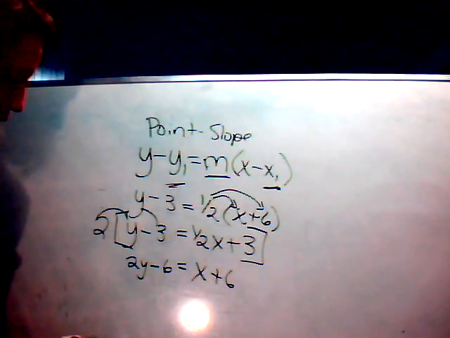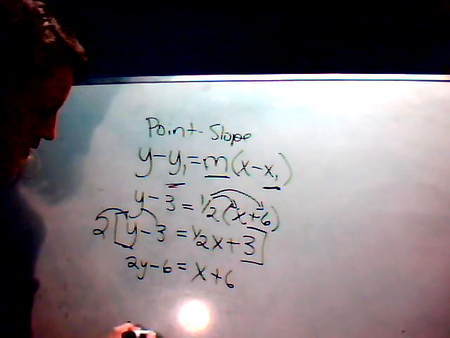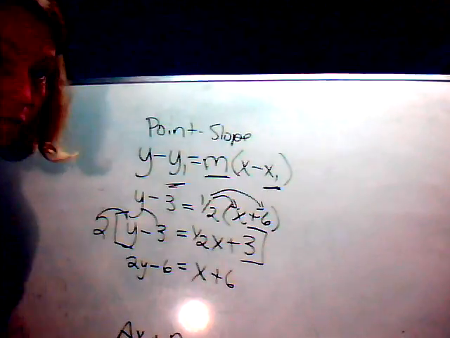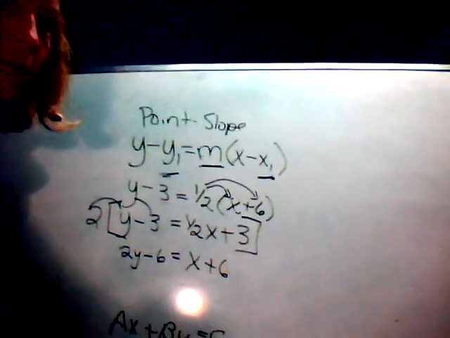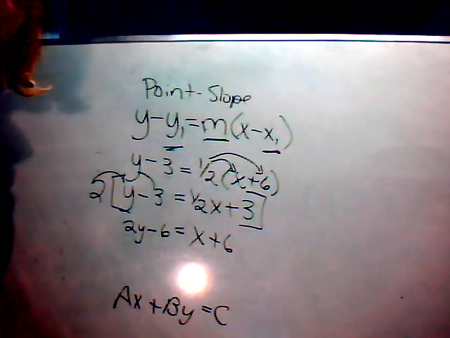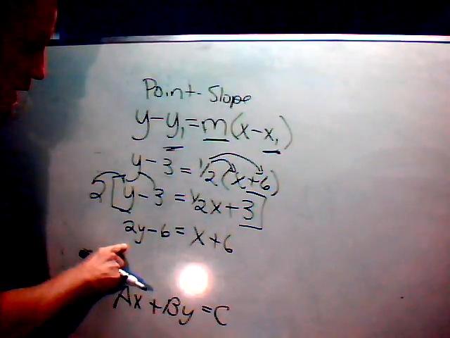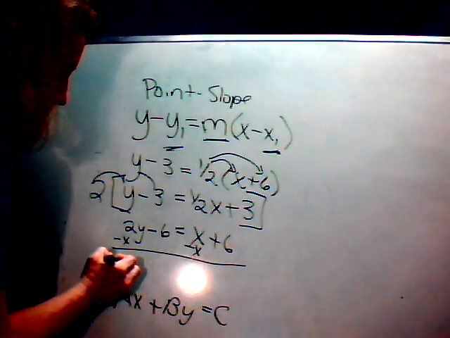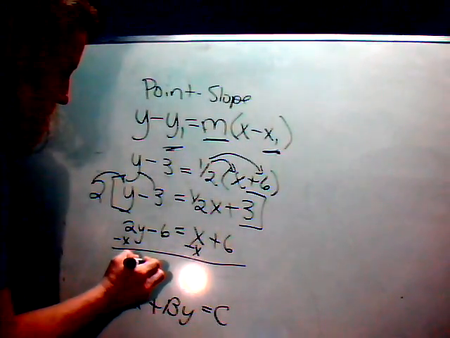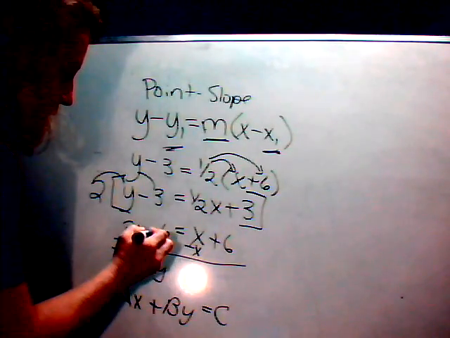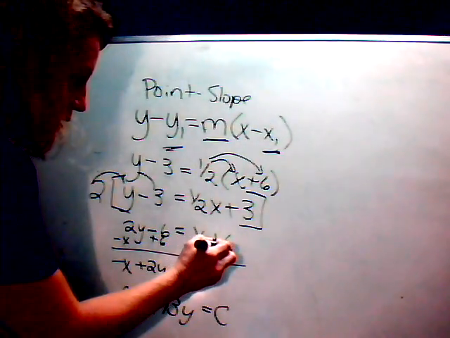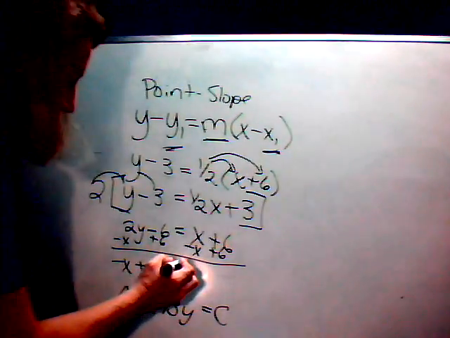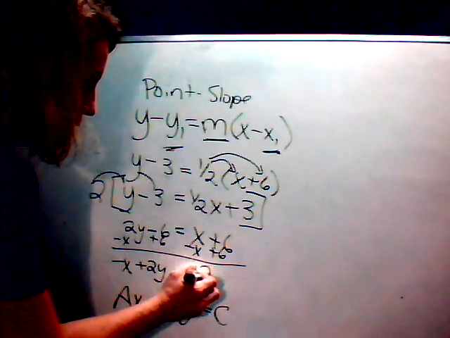If I'm going to standard form, I want it to be ax plus by equals c, so I have to get the x first. I need this x to come over here, so I'm going to subtract x and get negative x, bring down plus 2y, and add my 6 over because I want my constants on the right. The constant is a number without a variable, equals 12.